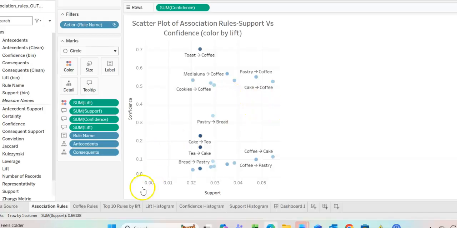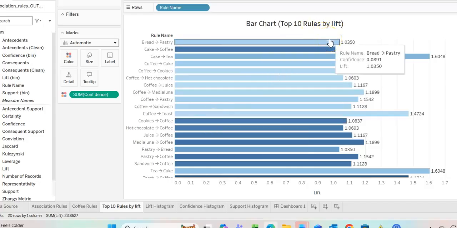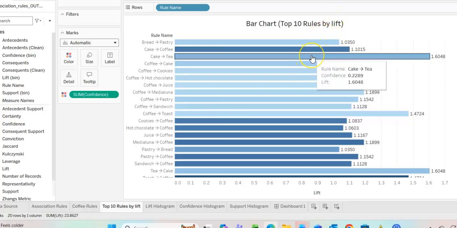And the next one I'm going to talk about is the bar chart, the top 10 rules by lift. The bar chart ranks the strongest rules by lift. Lift measures how much more likely items are to be purchased together compared to random chance.